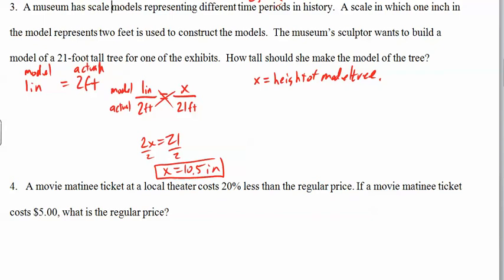Because these were both in feet, these should both be in inches. Don't freak out about multiplying inches by feet, because that just gives you inches times feet. Then we divide by the feet later when we divide by the 2, and the feet cancel out, leaving us with inches. So that's kind of how the units work.